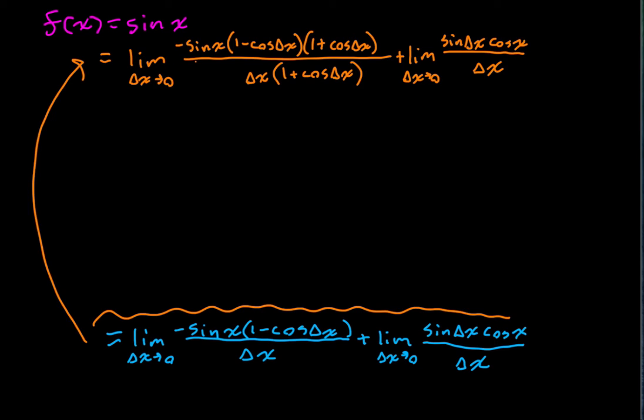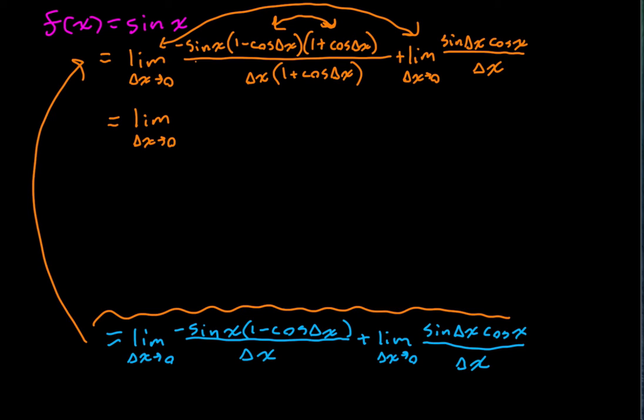Okay, so what now? What can we do now? Well, let's see. What happens when we do 1 minus cosine of delta x times 1 plus cosine of delta x? Well, we know from algebra that this is going to be the same as the limit as delta x goes to 0. And I really did just separate these out so that we could look at them separately so that things didn't get too jumbled.